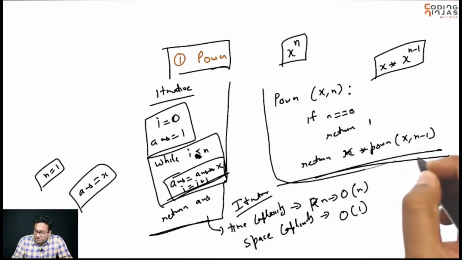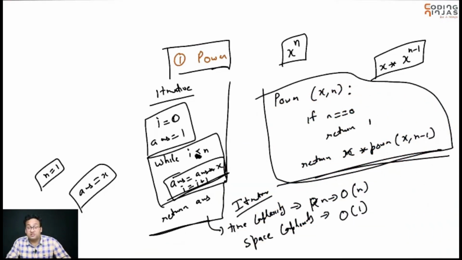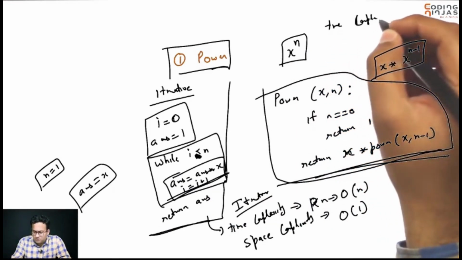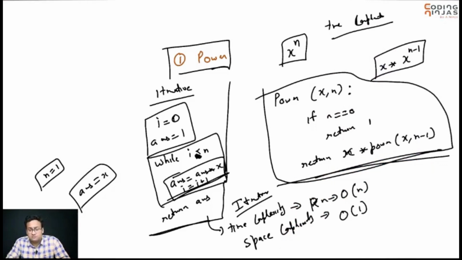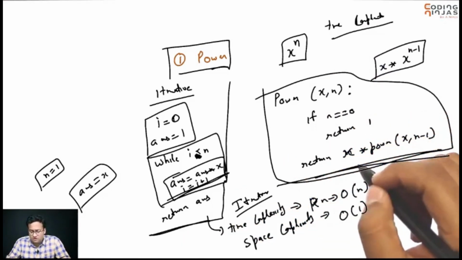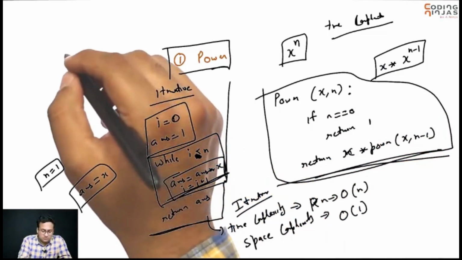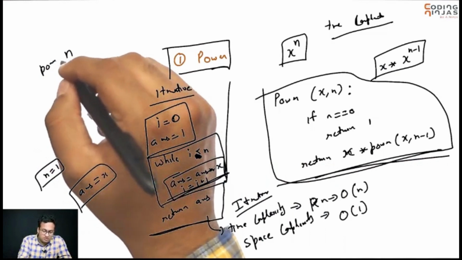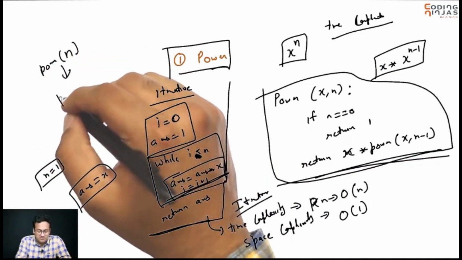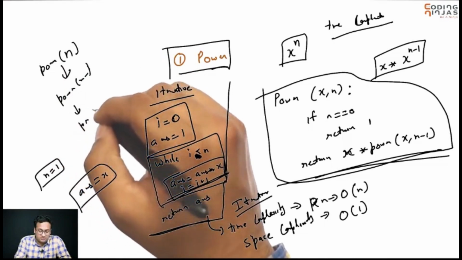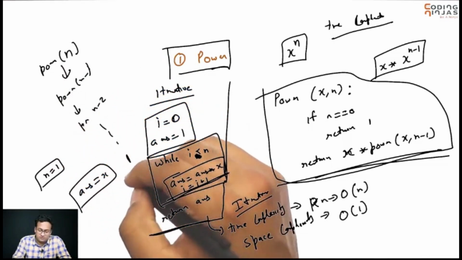What about the recursive solution? The neat solution, the solution which is very simple in terms of the code, right? So if you look at the time complexity, it's again very similar to factorial. In each function call, we are doing constant work, we are checking something, we are doing the multiplication. So power n is doing constant work, but it has to wait for power n minus 1, which has to make a call to power n minus 2, and so on up to 1 or up to 0.